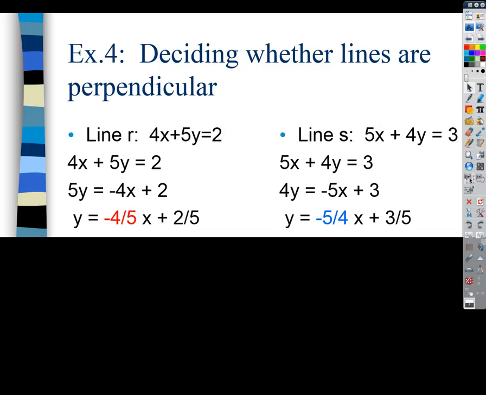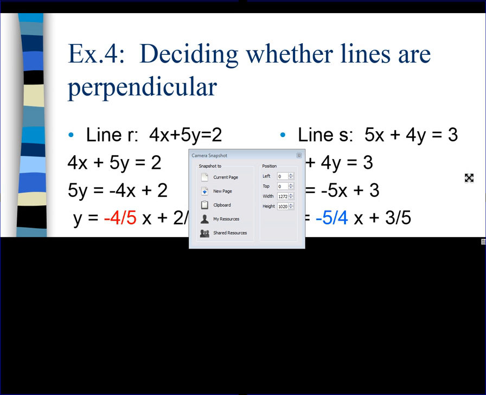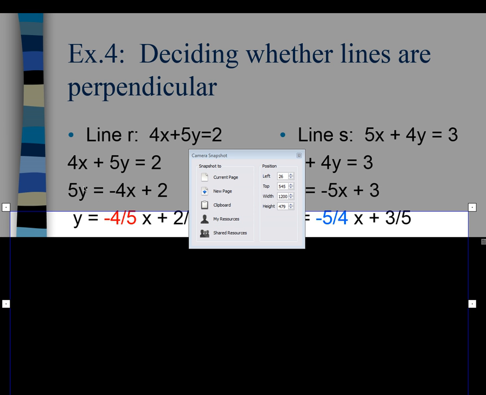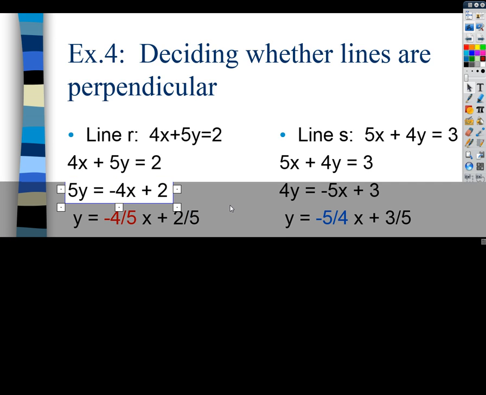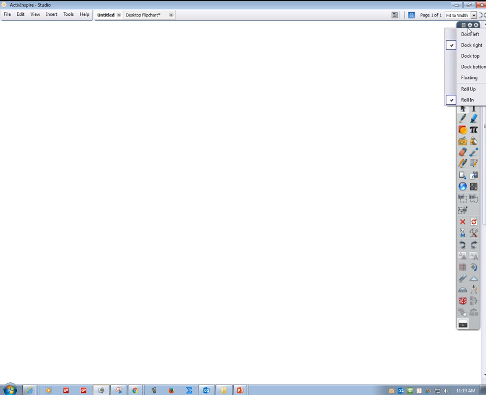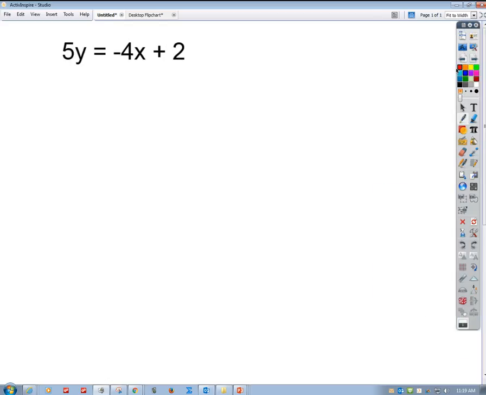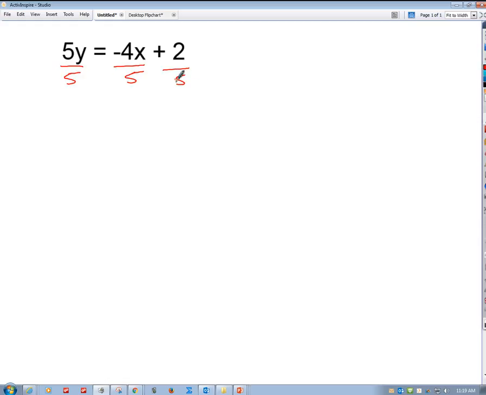Let me do this real quick. Okay, so if I divide both sides through by 5, I just get that, right? The 5's cancel on the left, so I get y equals.